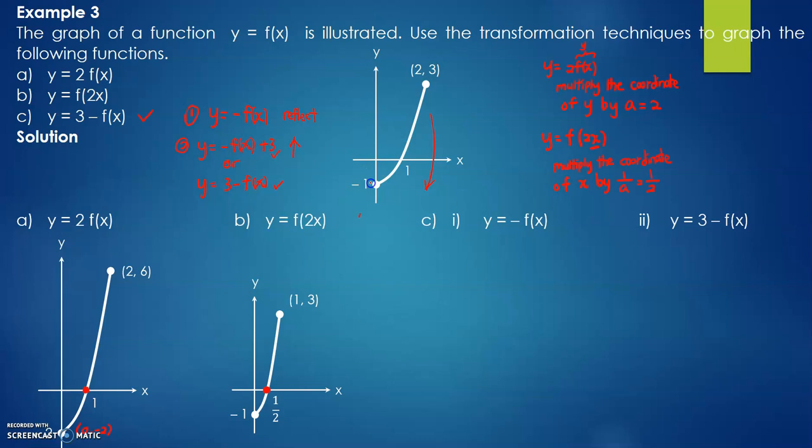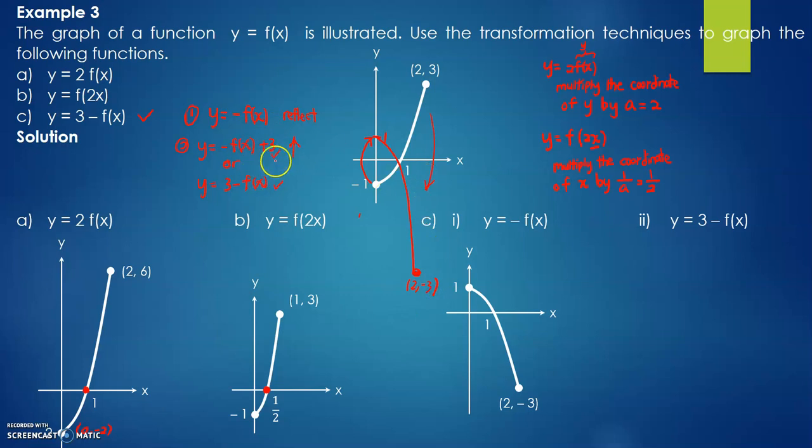Previously this point is below the x-axis, now it will come up. So from negative 1, it becomes positive 1. And this point before is (2, 3), now will become (2, -3). So the graph is more or less like this. So it will reflect on the x-axis. So this is the graph.